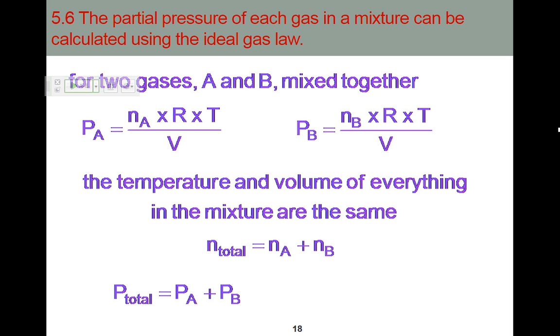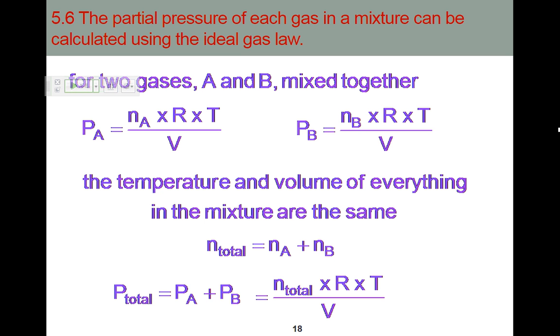I can calculate my pressure of A, I can calculate my pressure of B. So I just need to know a couple of things and I can figure out everything else. Again, remember, volume and temperature are the same for both gases. And of course, my P total is equal to my total moles times RT over V. So that's just my PV equals nRT.